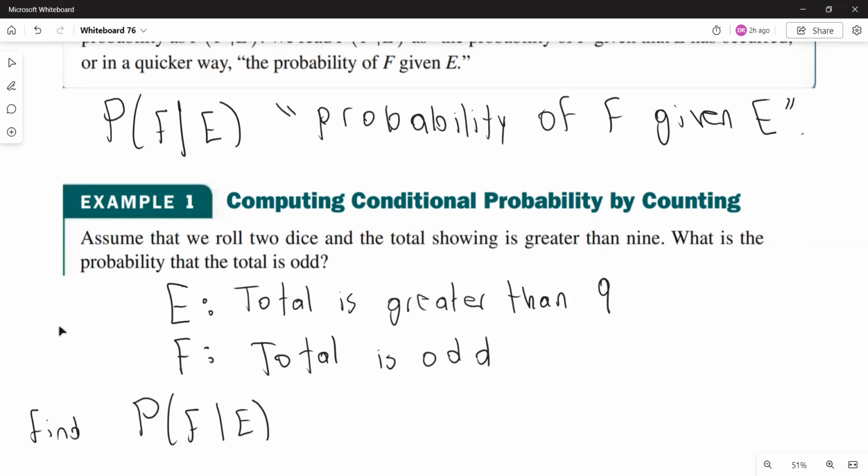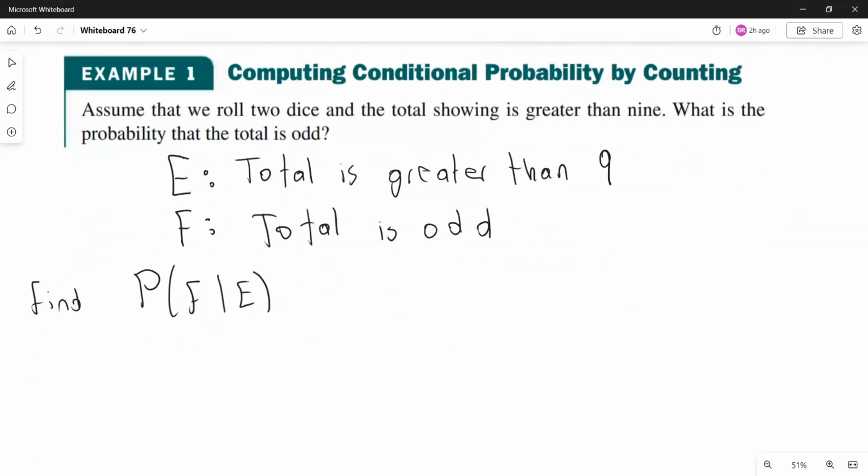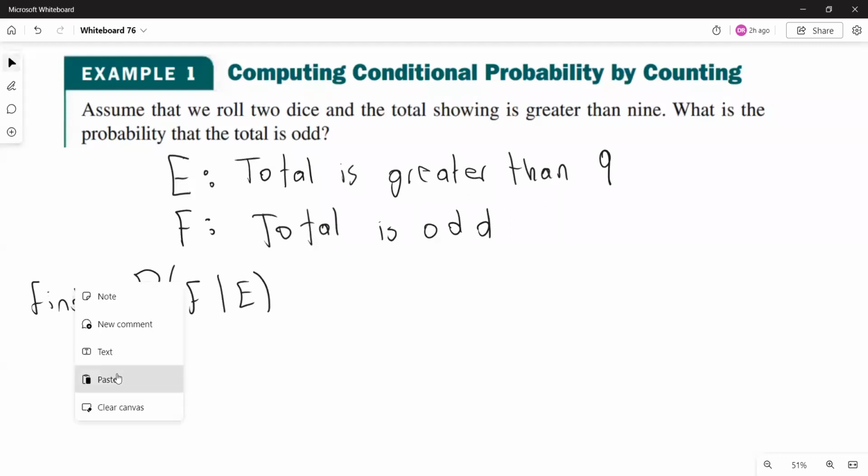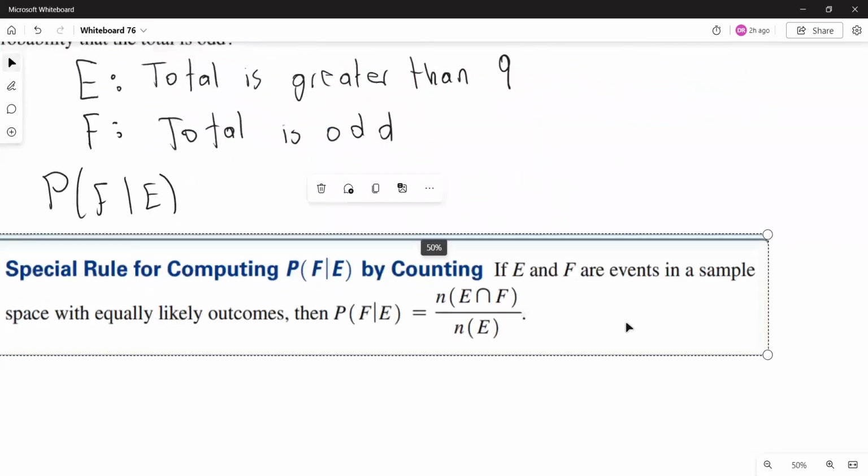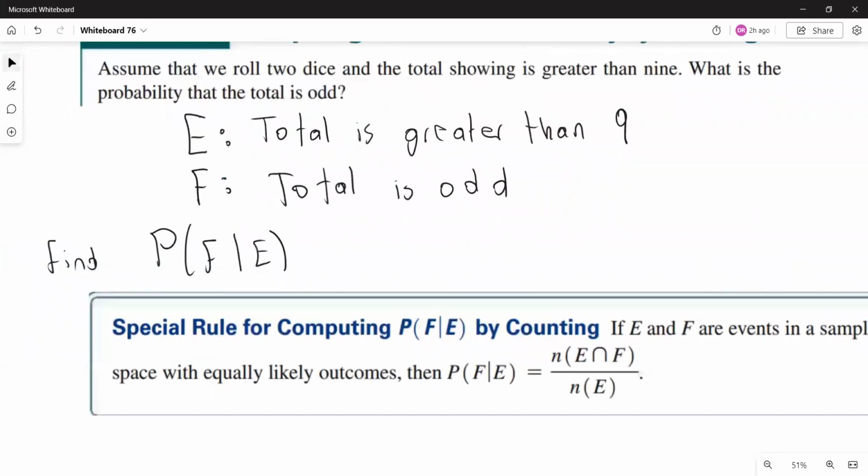Now, there's a formula for that. So I'm going to copy this formula. That's the rule for computing the probability of F given E when the events are equally likely, or when the sample space has equally likely outcomes.